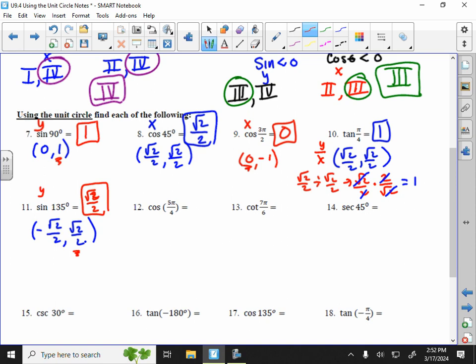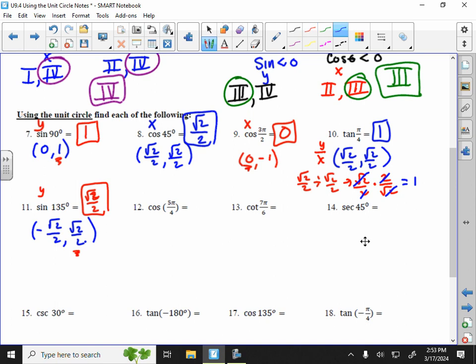And so you can see that if we think back to ASTC, sine is positive in 1 and 2. And 135 degrees is in quadrant 2, and it's asking for the sine, and that's why the answer is positive root 2 over 2. Whereas if the question was what's cosine of 135, we know cosine is negative in quadrant 2, where 135 is, and the answer would be negative root 2 over 2, because cosine is the x-coordinate.